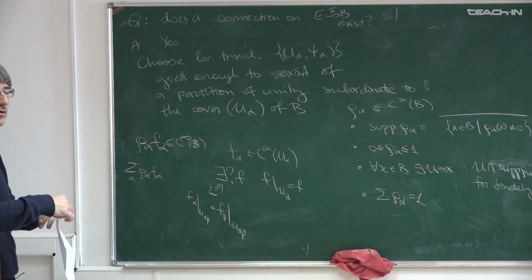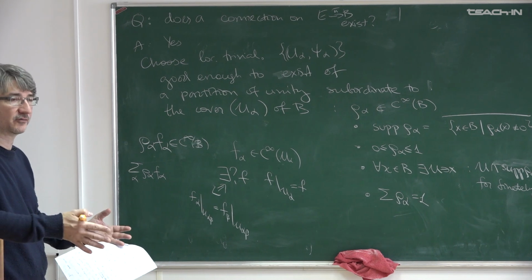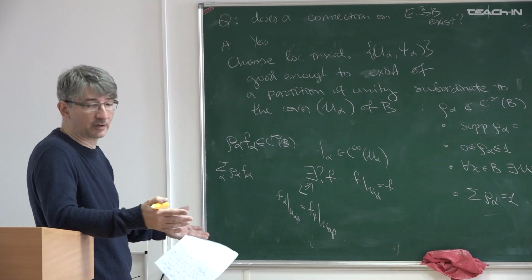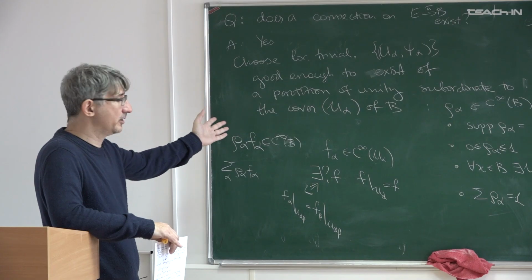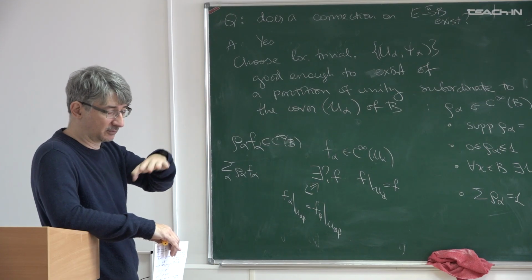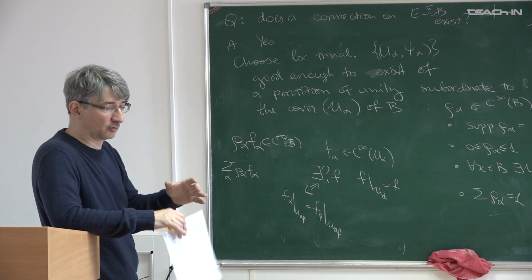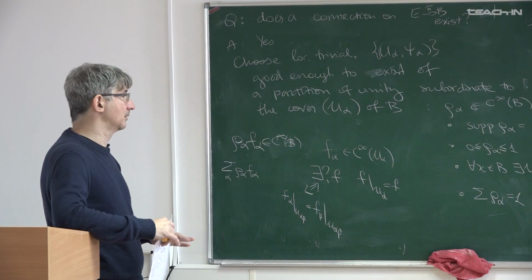The question is how to glue local data into global data. In some situations we need it, like in this one. In this situation we can define a connection in local charts, but we want to glue them together into a global object.